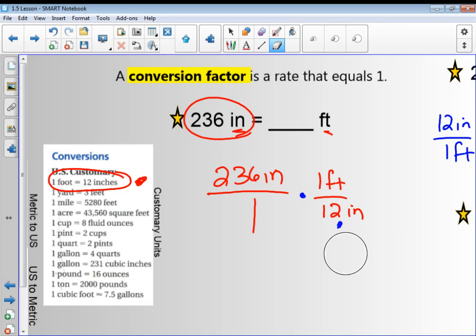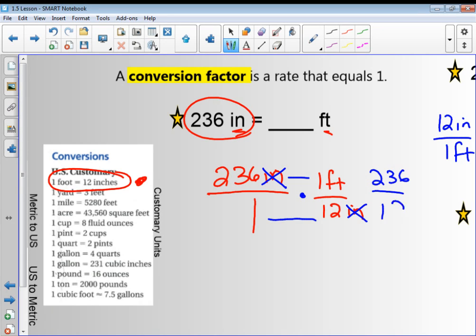Now I'm going to go through and cross cancel where I can, inches, inches. When I multiply straight across, I get 236 over 1 times 12 is 12. To get my final answer, I'm going to take 236 divided by 12. And yes, you can use a calculator on that.